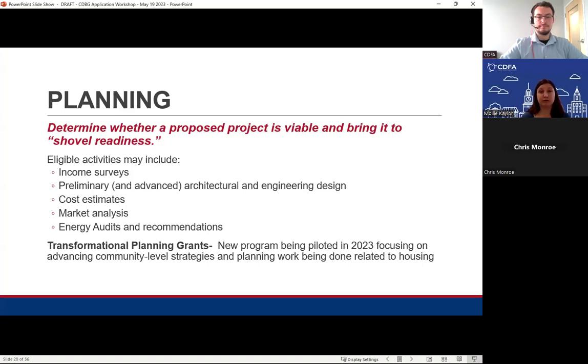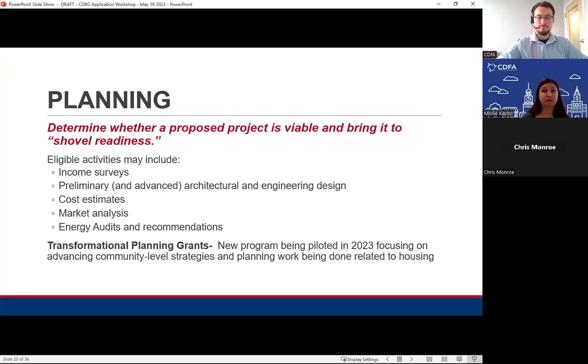And ideally that project would be eligible and planning to come in for CDBG implementation dollars. So we really are trying to make sure this CDBG planning resource is a resource for projects that intend to apply for CDBG further down the line. Another new opportunity that I want to mention is our transformational planning grants. This is a new program that's being piloted currently.